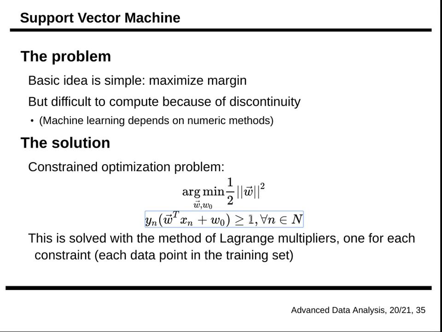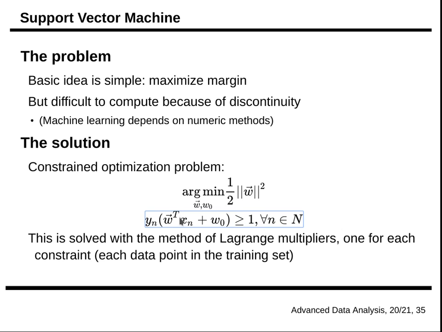So these are arbitrary units, and we can increase this value as much as we want if we increase the length of this vector here. But at the same time, we are trying to minimize the length of the vector. So we want the vector to be as small as possible while keeping for every point a distance of at least 1 to the discriminant.